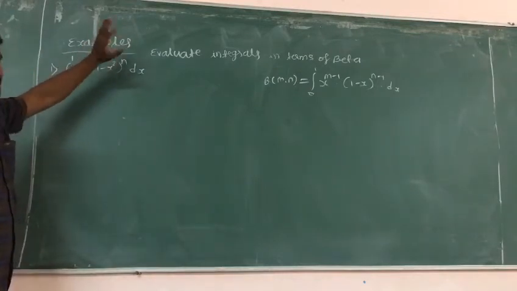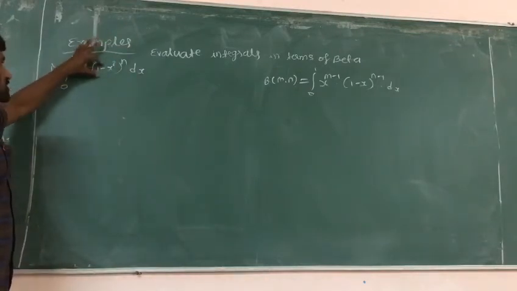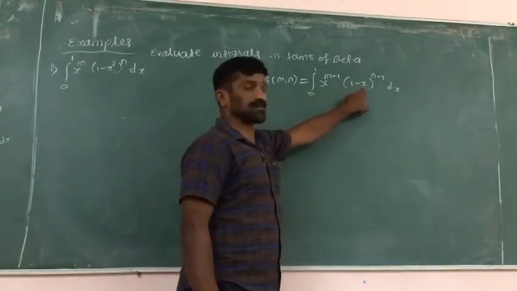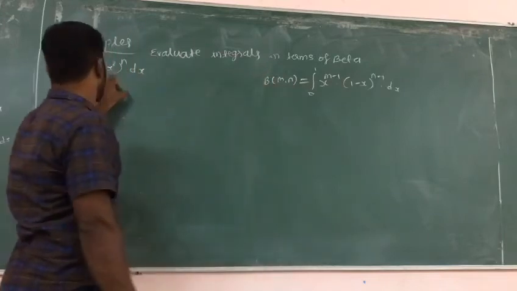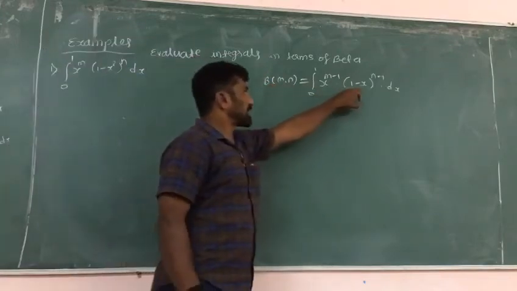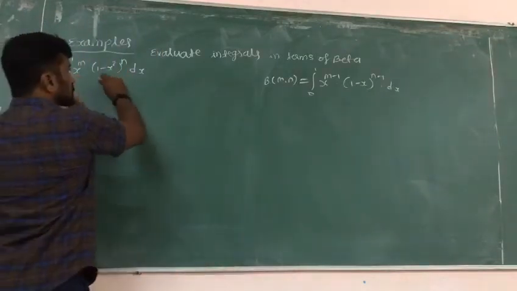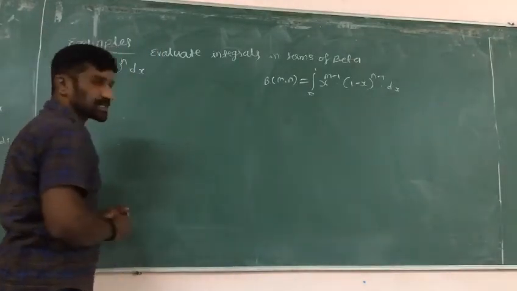You should observe the function 1 minus x square here, but the standard definition is 1 minus x. 1 minus x square has to be reduced to 1 minus x. So these integrals have to be reduced to the form of beta function.